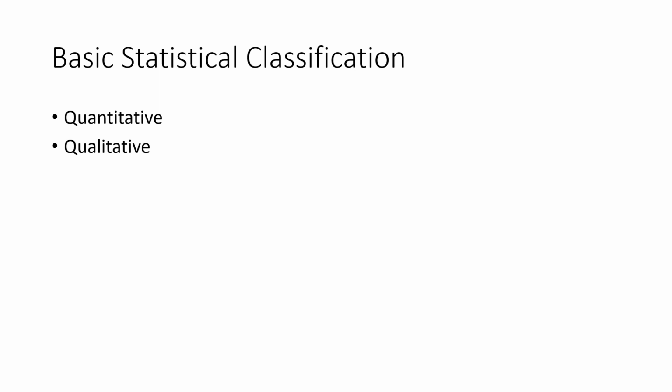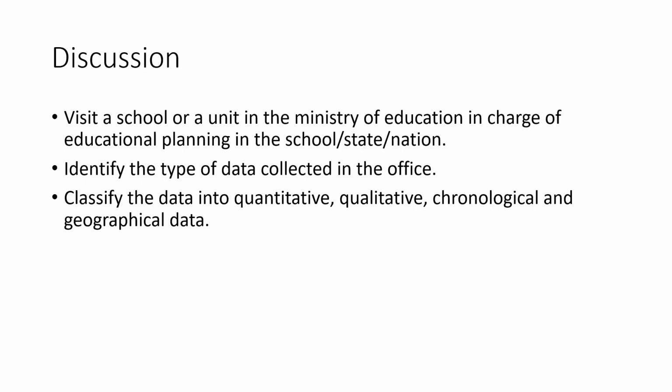For example, the benchmark. The benchmark is qualitative data. It's not quantitative, but it's qualitative. Now your data could be chronological, and at the same time, it could be geographical. You may want to find out according to age. You've gotten the age of students that are enrolled in a particular school. We want to find out their geographical location.